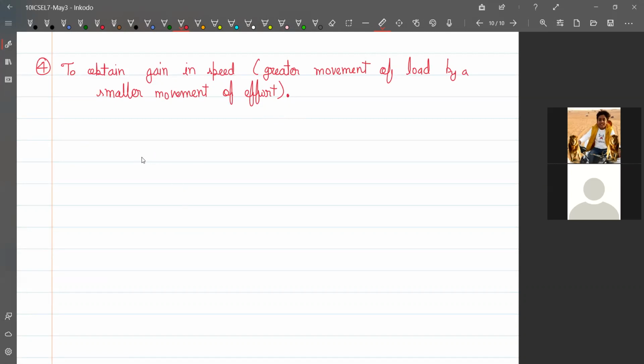So this is one of the functions of the gears in your wheels. You must have seen the gear on the rear wheel is bigger, and the gear on your paddle is smaller.